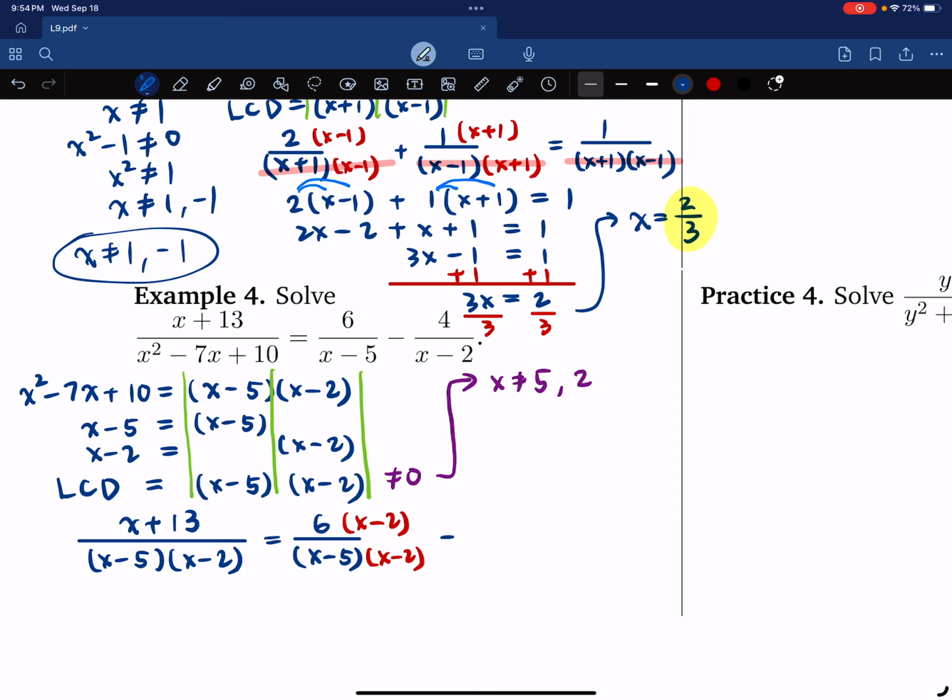Next one is negative 4 over x minus 2. This one is missing x minus 5, so I'm going to multiply both the top and the bottom by x minus 5. And now we have common denominators. We can cross out all the denominators.